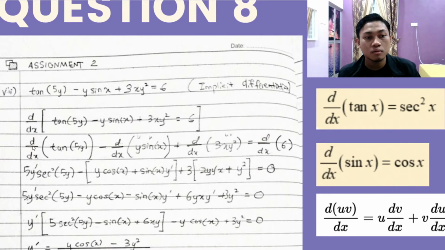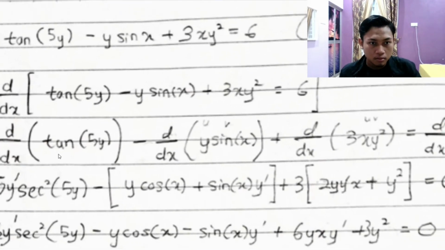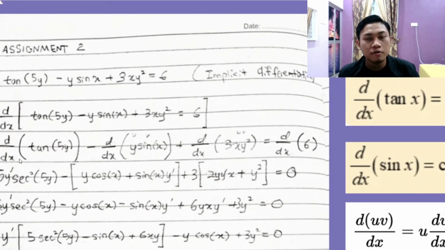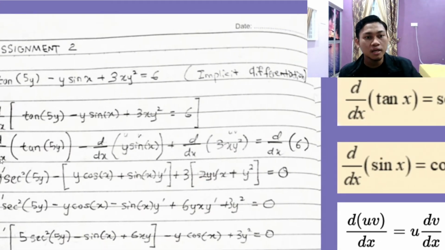So it becomes differentiation of tan 5y minus differentiation of y sin x plus differentiation of 3xy squared equal to differentiation of 6. So when we differentiate, let's go part by part. Okay, so we go for the first part right here. I zoom in.